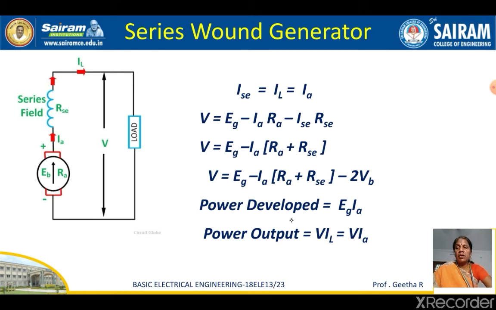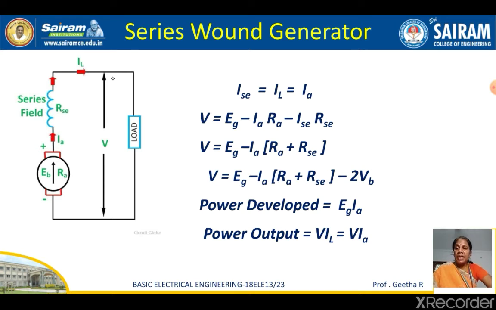Next, series wound. Now you can see here in the self-excited you have the shunt, series and compound. In the series wound generator, the field winding is connected to the armature in series. The field is connected in series with the armature.